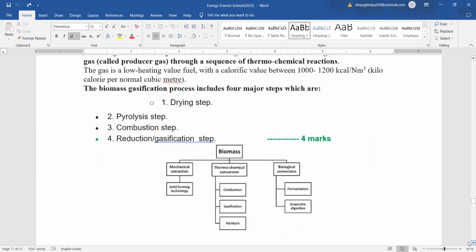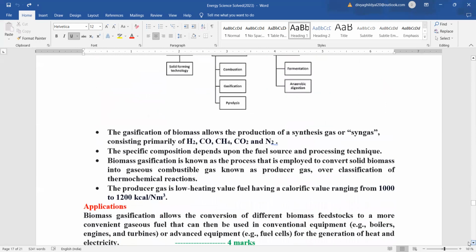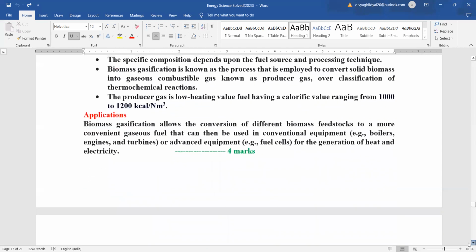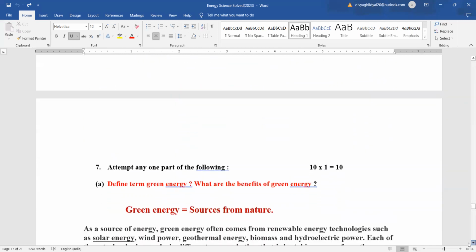The biomass gasification process includes a drying step, pyrolysis step, combustion step, and reduction or gasification step. The gasification of biomass allows the production of syngas consisting of hydrogen, carbon monoxide, methane, carbon dioxide, and nitrogen. The application allows the conversion of different biomass feedstocks to a more convenient gaseous fuel.